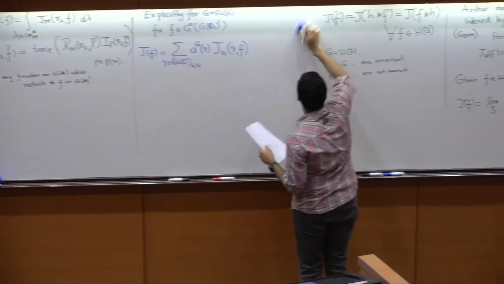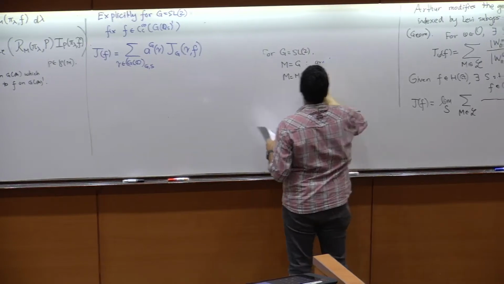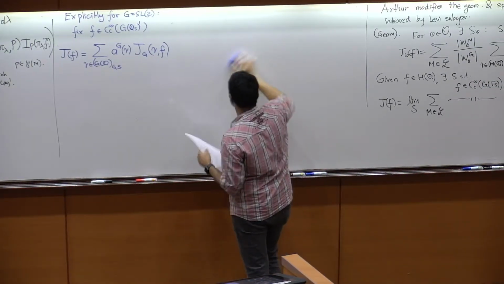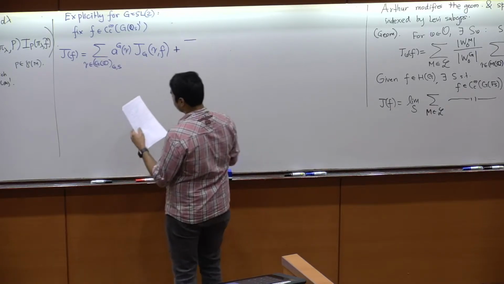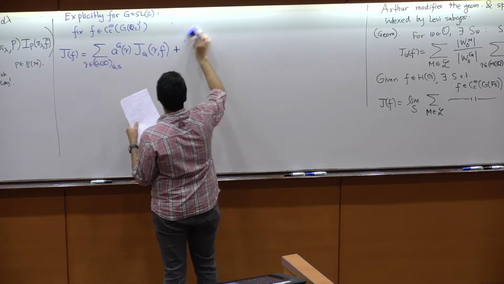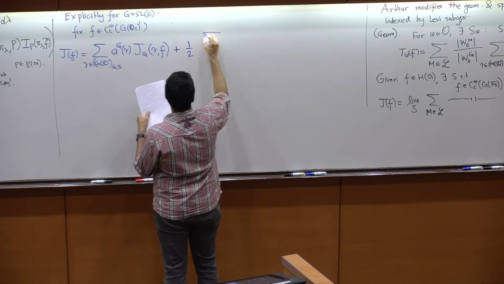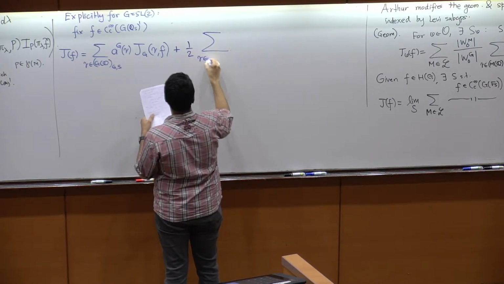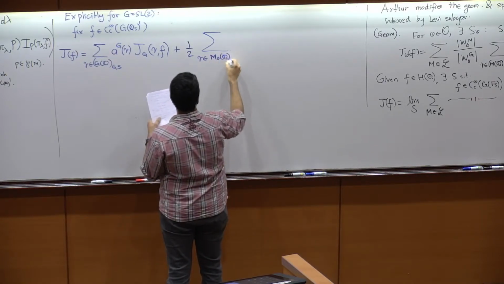And now I have a contribution from the Levi M naught. So this one is already invariant, and the Levi contribution is the following. M naught(Q), M naught(S).